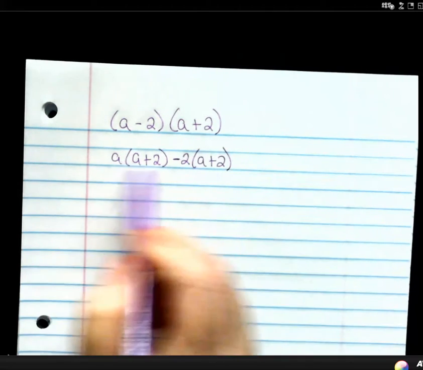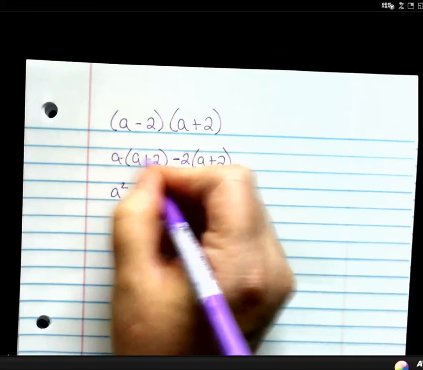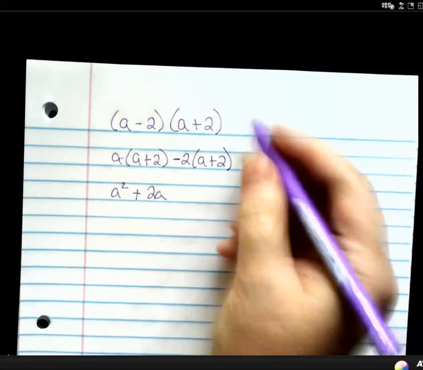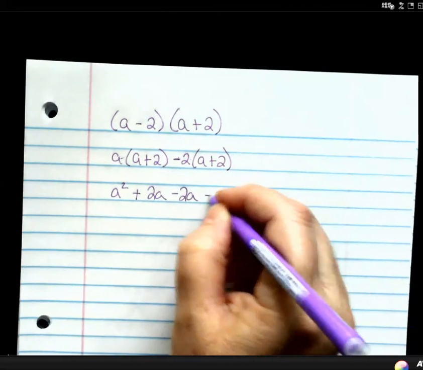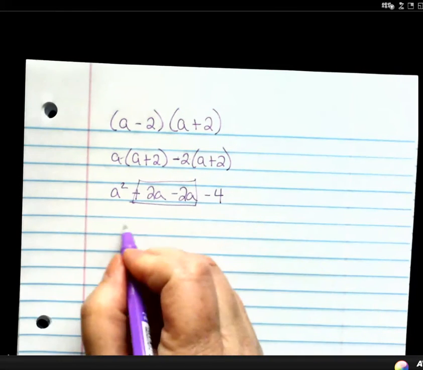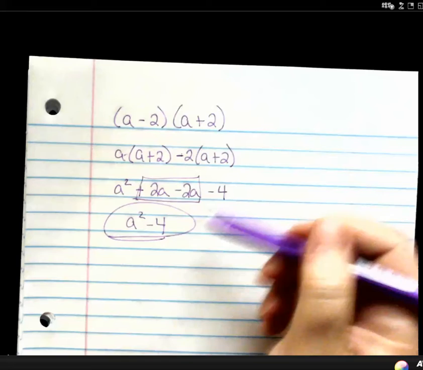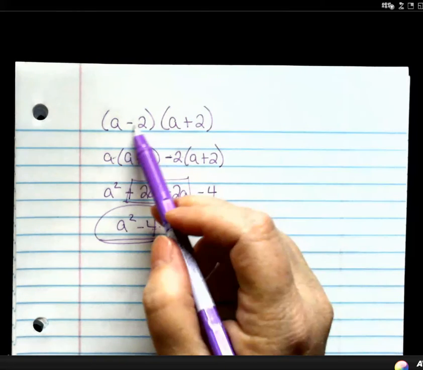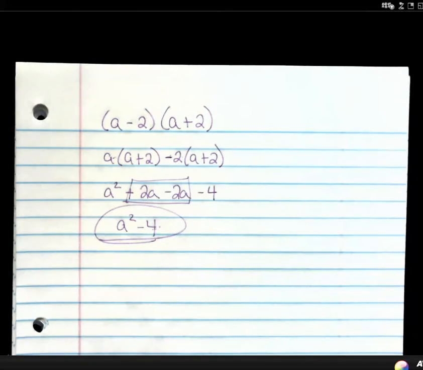So now here I have a times a, which is a squared, plus a times 2, which is 2a, minus 2 times a, minus 4. This has actually canceled out. And that's your answer. This only will happen if these are exactly the same and one's a minus and one's a plus. So you just have to be really careful.